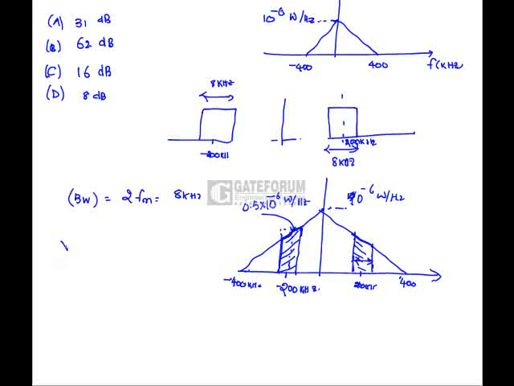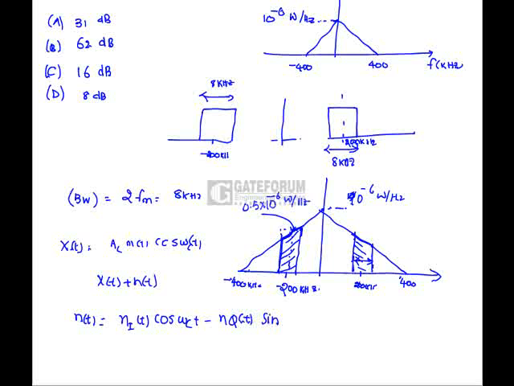Hence, first of all the DSB-SC signal x(t) is Ac m(t) cos omega c t. After passing x(t) through the channel, we get x(t) plus n(t), where n(t) consists of two components: the in-phase component and the quadrature component. This is detected through coherent detection, which means the quadrature component gets eliminated.